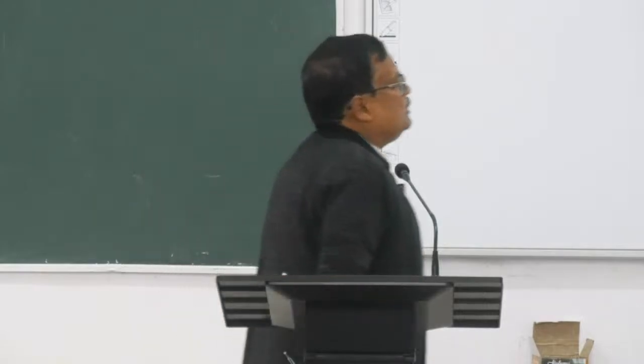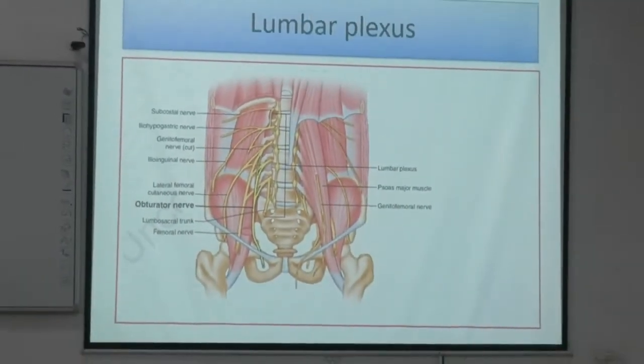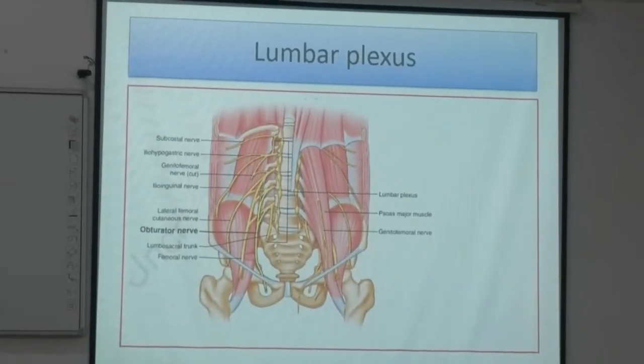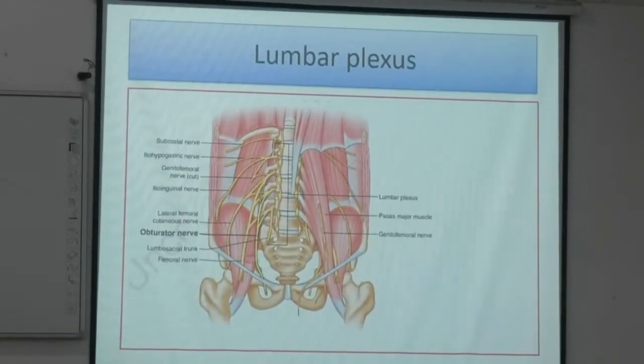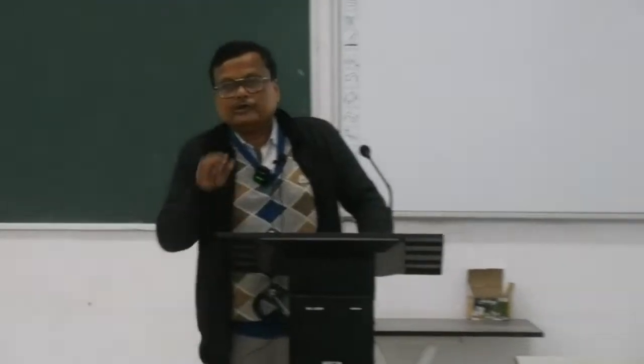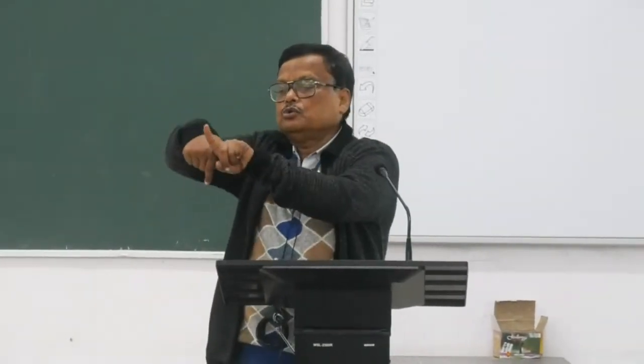Lumbar plexus: already you have gone through the brachial plexus. You know, the brachial plexus is situated in the lower part of the neck and the axilla, which is formed by, I repeatedly tell you, anterior primary rami. When a spinal nerve comes out from the intervertebral foramen, it immediately divides into two.